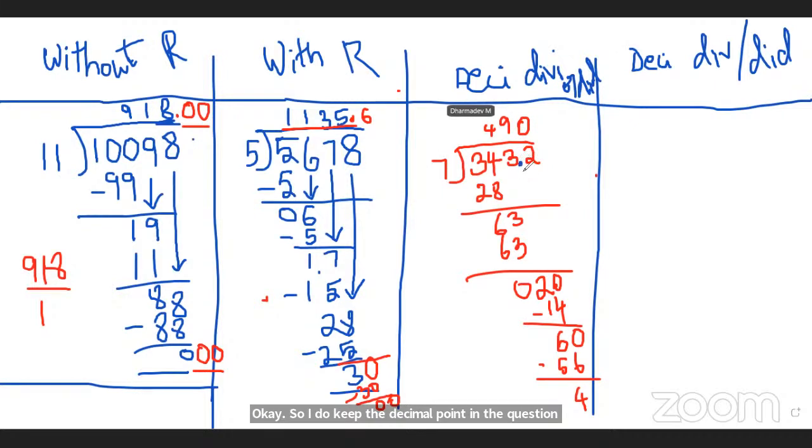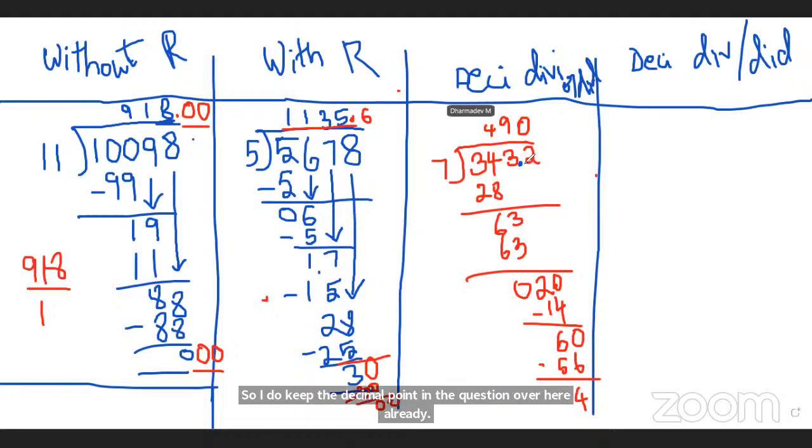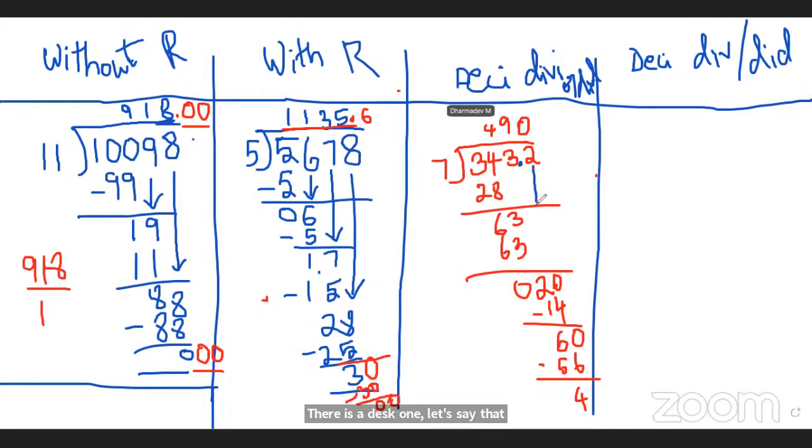Let's say that 343.2. Okay, so I'm bringing down the 2, everything happens. So what I do, directly on the top of the number, I'll put a decimal point. That's all. Clear with that? And then as you divide, you keep dividing. So wherever there is a decimal point, straight to that, put a decimal point and then carry on with the answer. This is decimal based division. Are you clear with that?